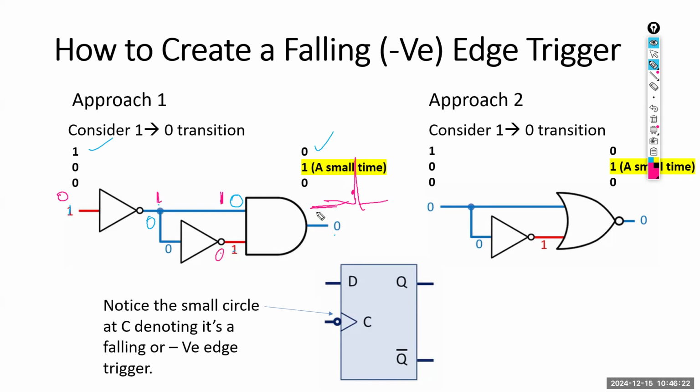When you go from 0 to 1, no transition. But when you go from 1 to 0, again there will be a pulse. So this happens periodically when your clock cycle goes from 1 to 0. Falling edges, there will be pulses.